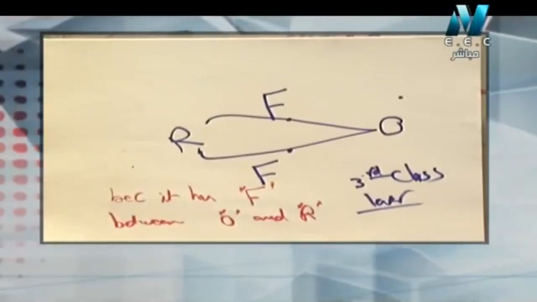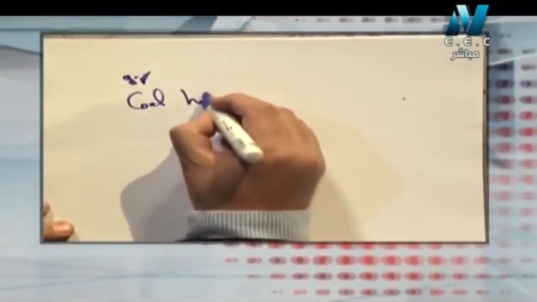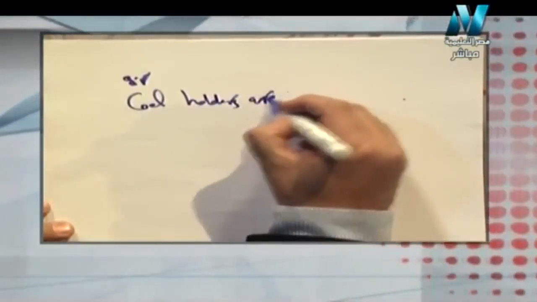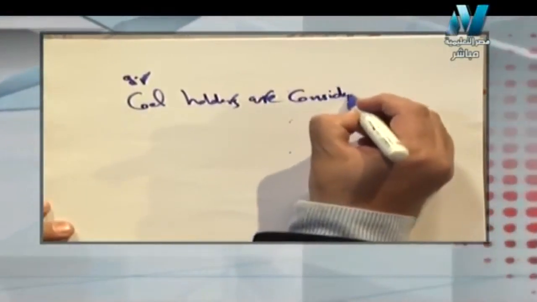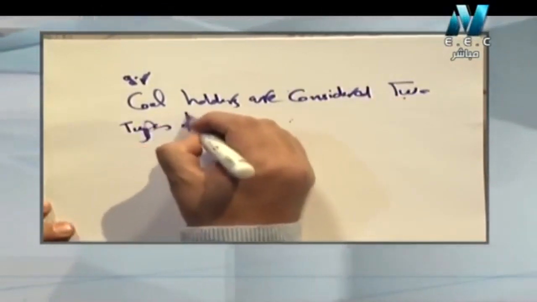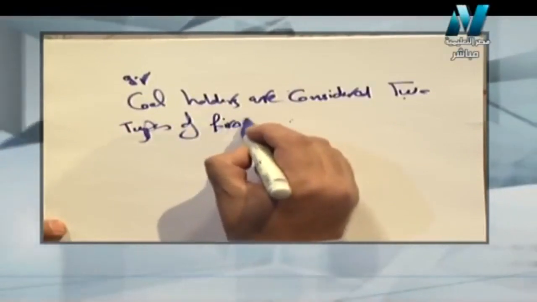So I have another give reason question from this coal tongs or coal holder. Let us write this question ourselves. The question says, give reason: coal holders are considered two types of first class lever.